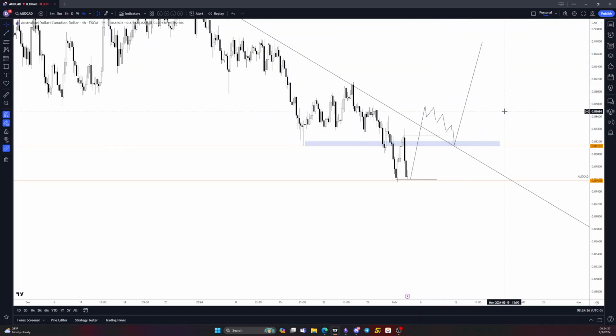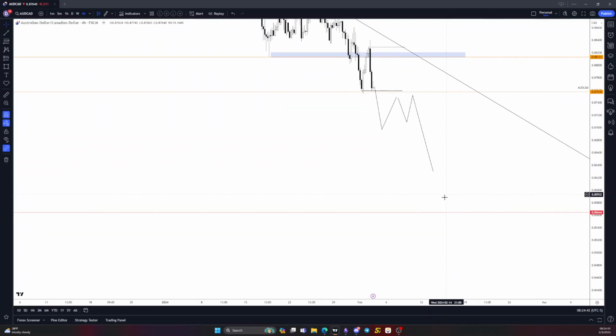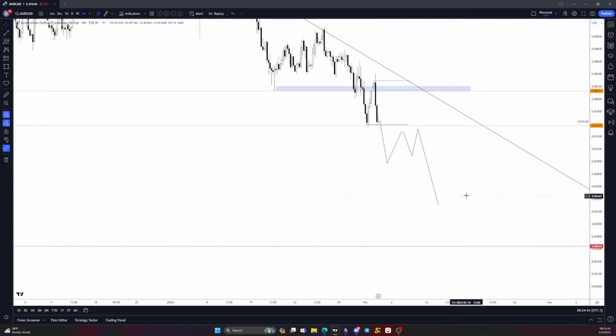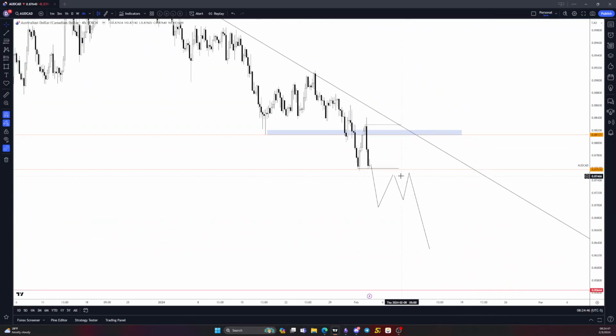And then we look to buy. Now, if that doesn't happen, you could also look for price to break down, give us a correction, and then look to sell, continuing down to this weekly level or monthly level.